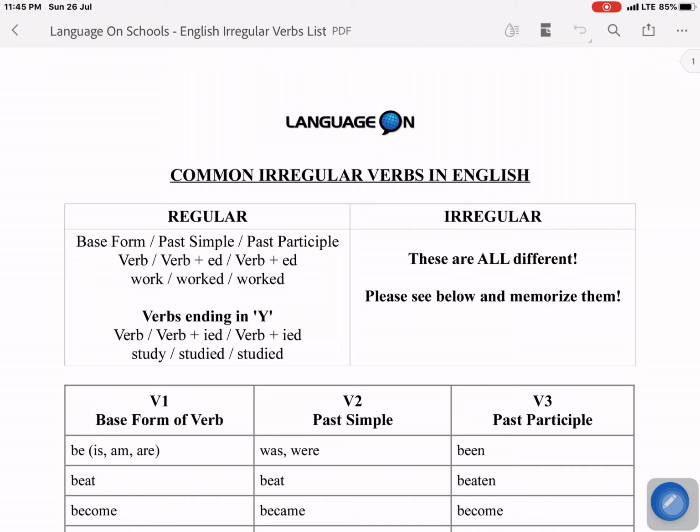But when we talk of irregular verbs, these are all different.